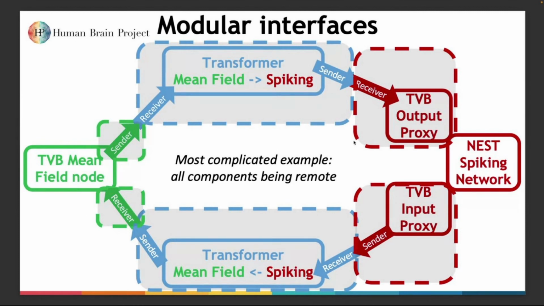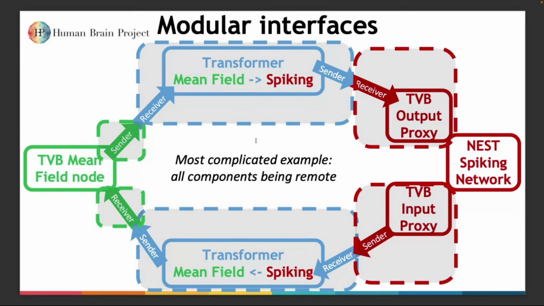For instance, the most complicated example would be interfaces where the TVB model, the spiking model, and the transformers are all working on 4 different remote processes in parallel. In this case, for instance, a TVB interface would only send and receive data. Similarly, a nest interface would contain the TVB proxies and the senders and receivers, where a transformer interface would contain the transformer itself and also the receiver and sender of data.